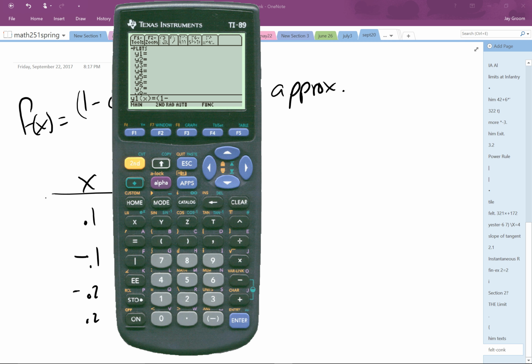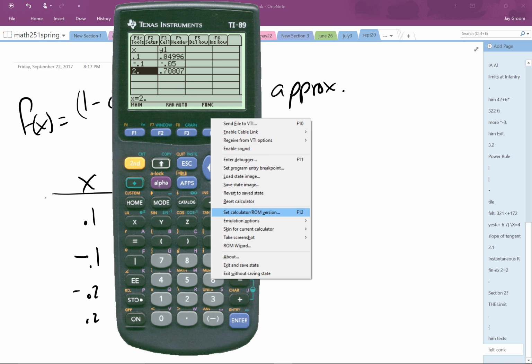Okay, and go back to the table. And then here's where it would ask you to put in some values, right? And you would just go 0.1 and negative 0.1 and so forth. You see that? And it's the same deal I had on the Excel. It's just a little trickier to get to. Ditto on the TI-83.